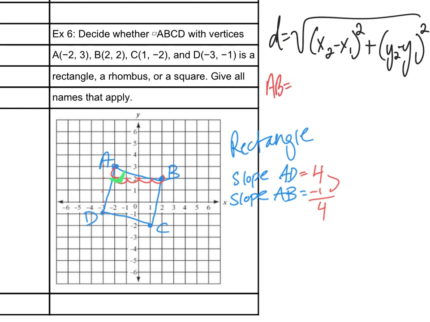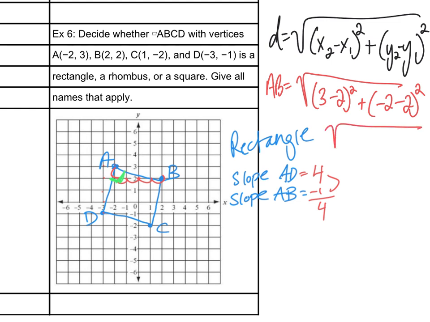AB would be the square root of 3 minus 2 squared plus negative 2 minus 2 squared. That would be the square root of 1 squared plus 4 squared, so the square root of 17. I don't need to simplify that any further. I'm just going to stop at the square root of 17.